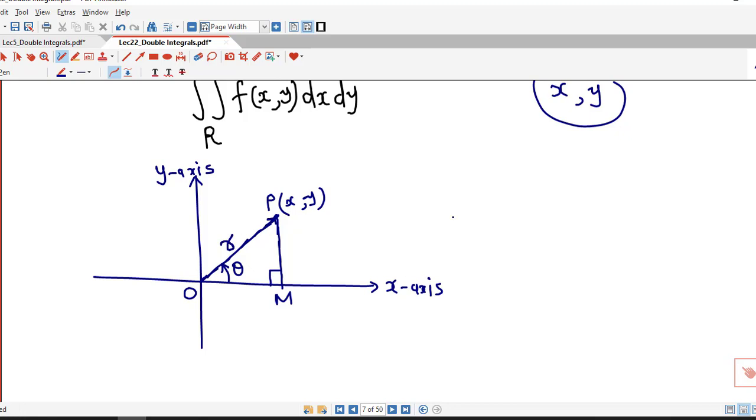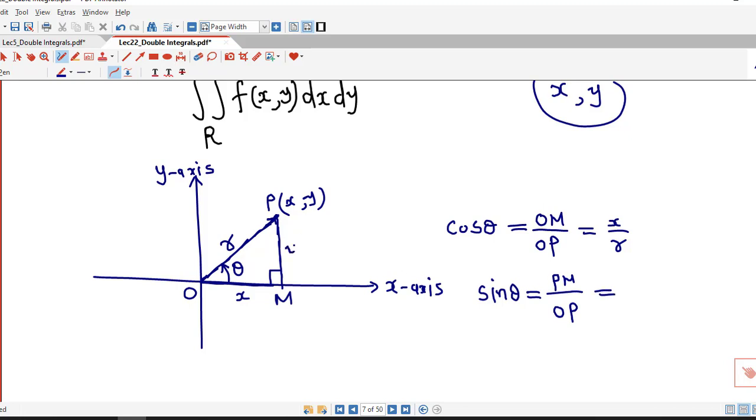If the angle made by this position vector with the positive x-axis is theta, and the length of OP is r, then we know that cosine of theta is OM divided by OP, and this distance is x, so we have x divided by r. Similarly, sine of this angle is PM divided by OP, PM is y, so y divided by r.